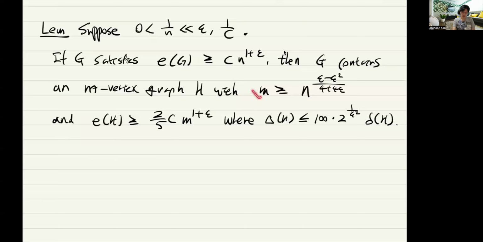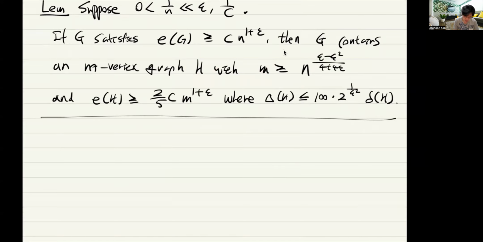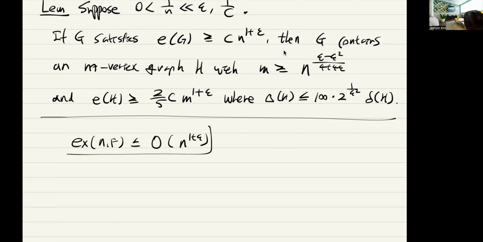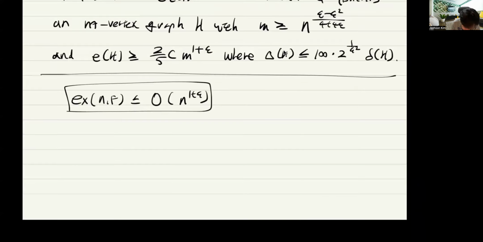And this H is a subgraph of G which is not too small. Often how we can use it is that if you want to show that the extremal number of, say, F is big O of n to the 1 plus epsilon, this is what we want to show. Then what do you have to do?